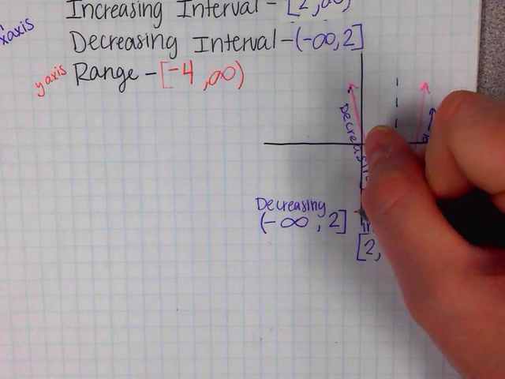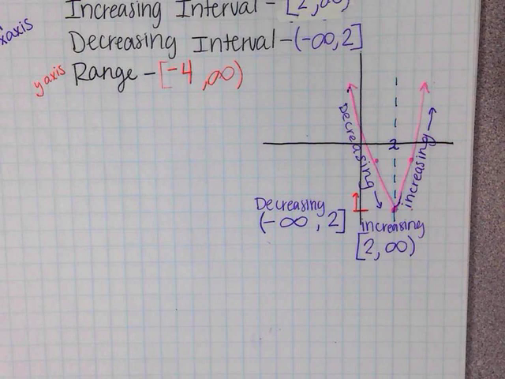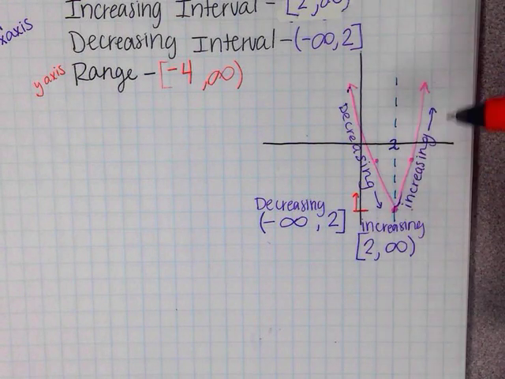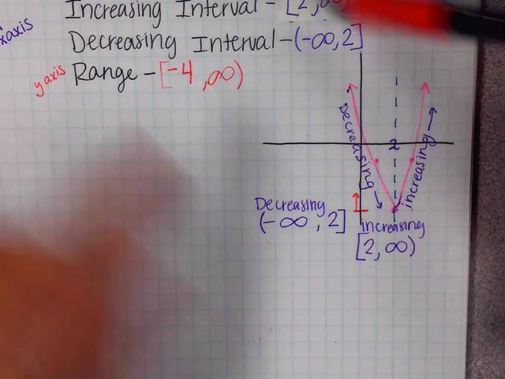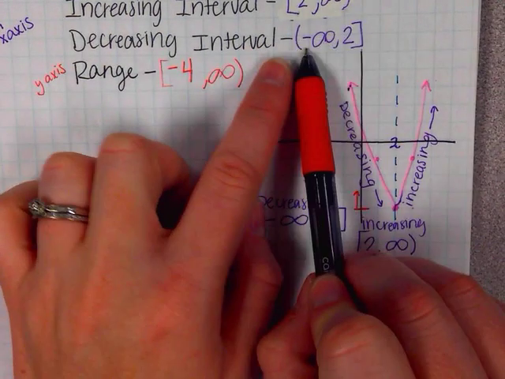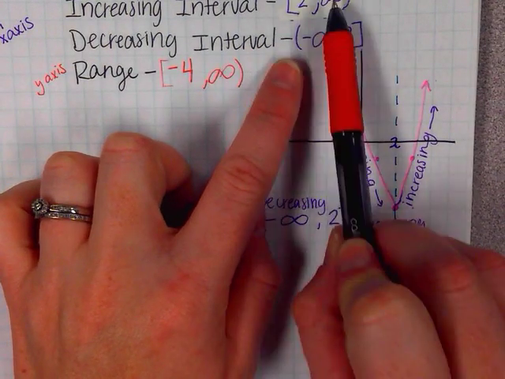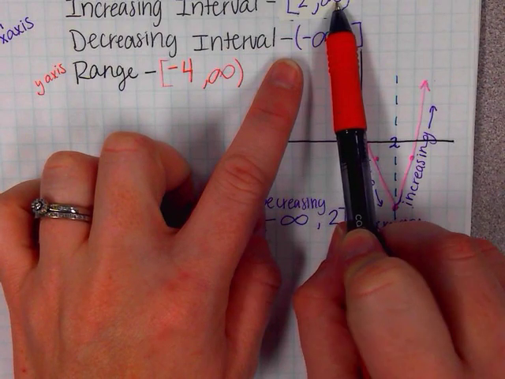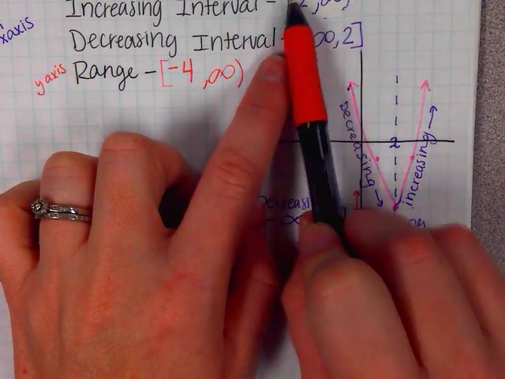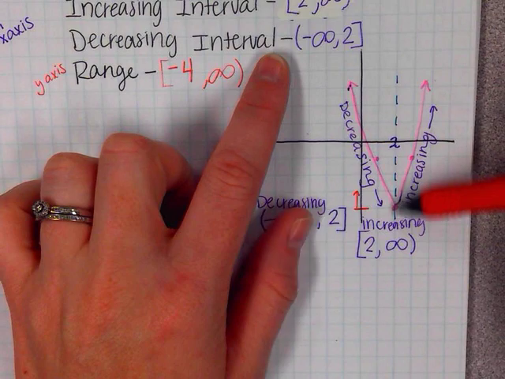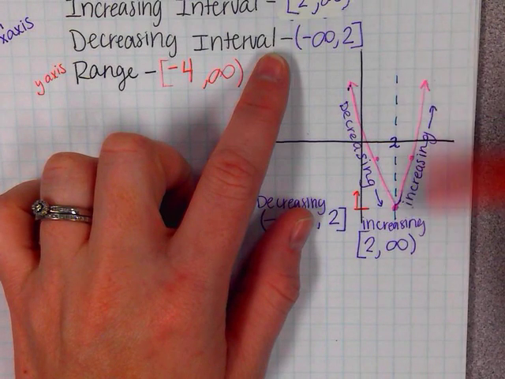So all of the values on the y-axis go from negative 4 to infinity. Notice when we're talking about parabolas, you have to have a negative infinity somewhere and a positive infinity. And this value right here is always talking about the x value of the vertex.